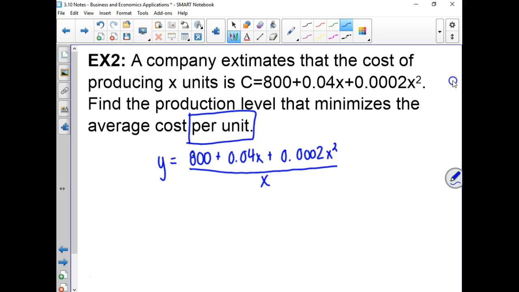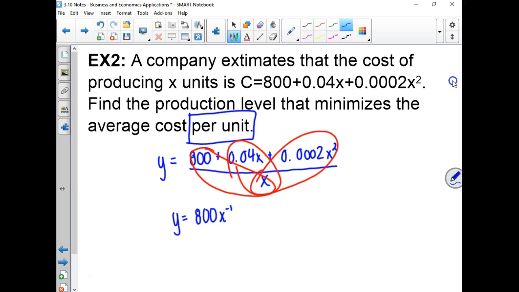We can use the quotient rule, but I think it is easier in this one to do a love connection here. So you would have 800x to the negative 1 plus 0.04, no x at all, plus 0.0002x.